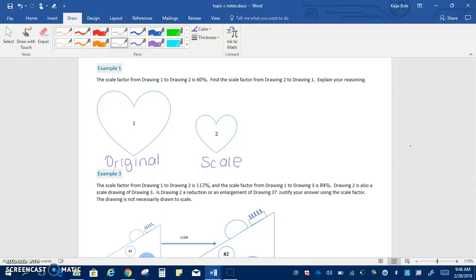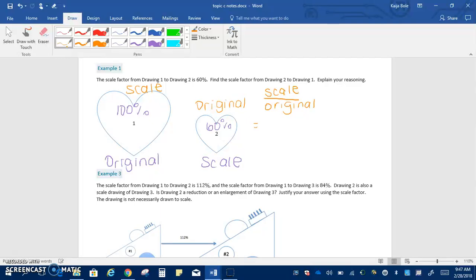This is our original, our full 100%, and this would be our 60% if that's what the scale factor is. If we flip it around and make this one our original, going the other way now, and this one our scale, we're going to keep our numbers, but just remember that it's always scale over the original when we find our scale factor.